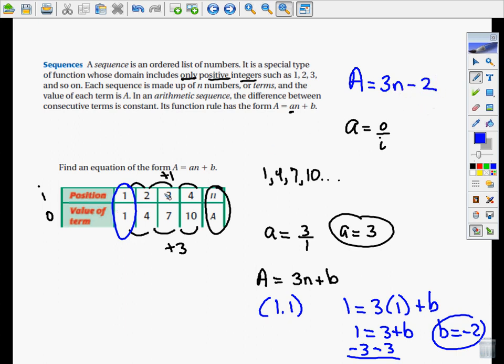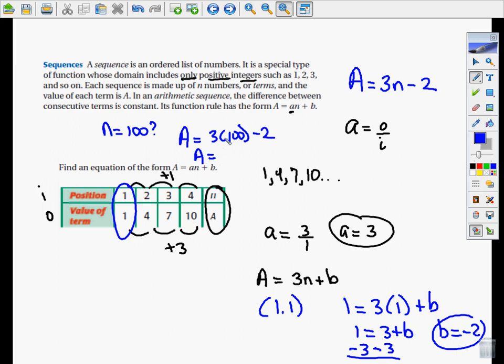So watch what happens. 3 times 3 is 9, minus 2 is 7. 4 times 3 is 12, minus 2 is 10. So if I want to know when n is 100, like I said before, I can plug it into my rule now. I can say a equals 3 times 100 minus 2.